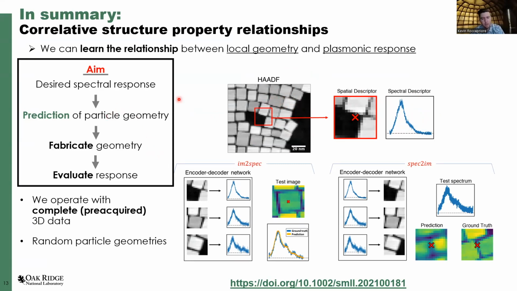So it's an interesting curiosity, I think, to learn something about these relationships. We can do this for the M to spec, and we can do it for the spec to M. But really, what are we trying to accomplish here? One of the big pushes is, again, what I mentioned before, we have some desired spectrum that we want, and now we want to create that. That's difficult when we're typically dealing with something that's already here.